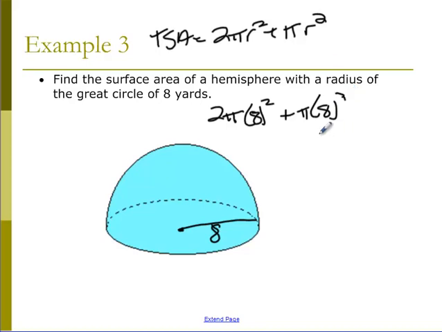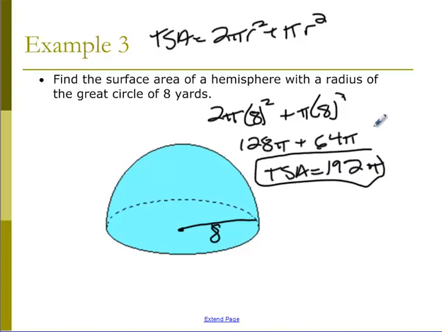I know I'm doing more work doing it this way, but 8 squared is 64 times 2 gets me 128 pi. So the lateral area of the hemisphere is 128 pi. The base is 64 pi. So let's add them together because they both have pi's. The total surface area is 192 pi.